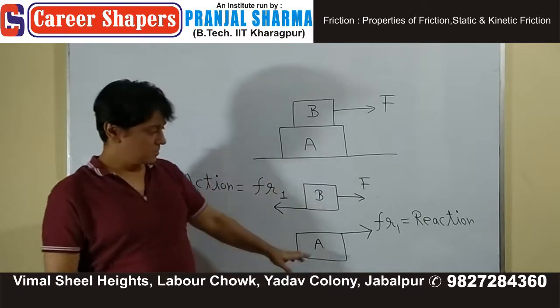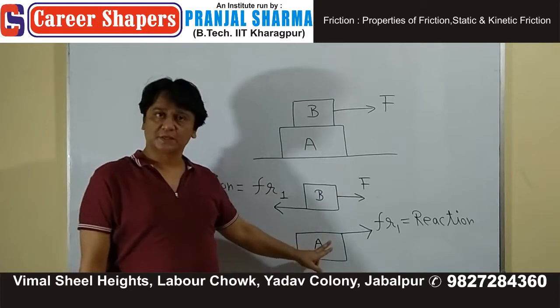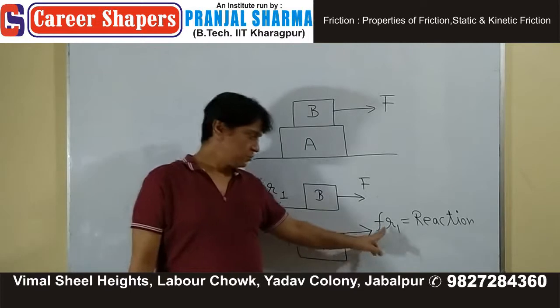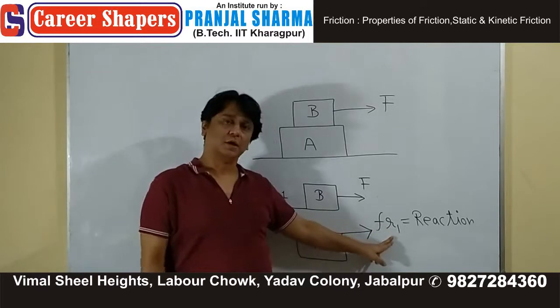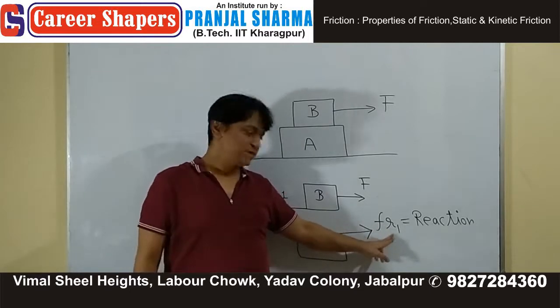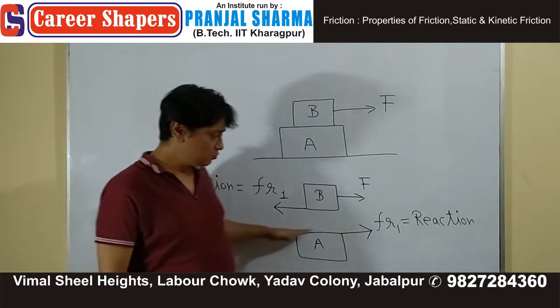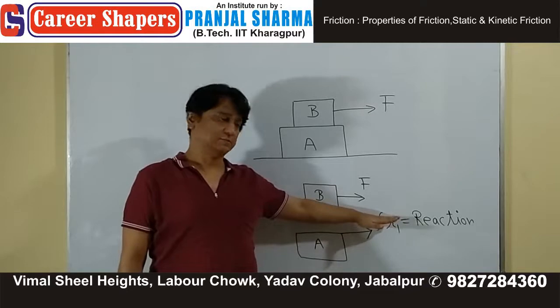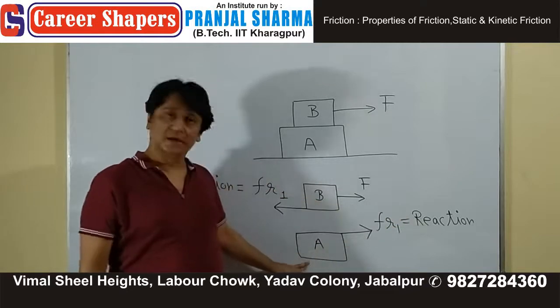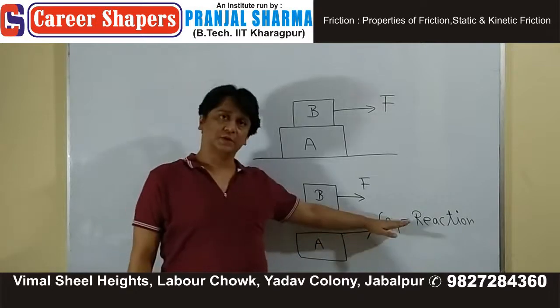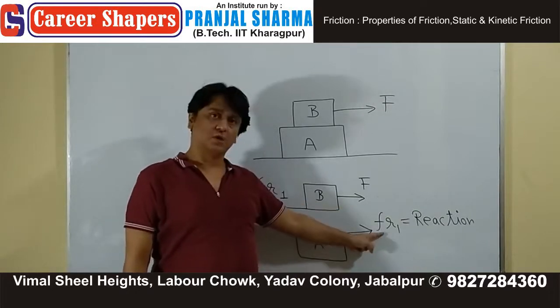Now, as this A is under a force of FR1, because of this FR1, A tries to move east. Just under A is ground, and A is trying to move east because of FR1.